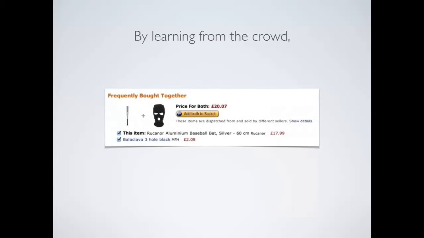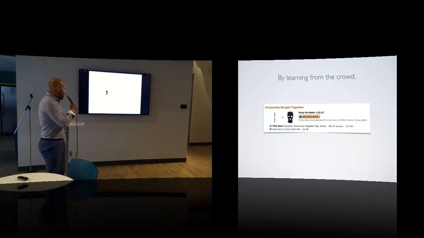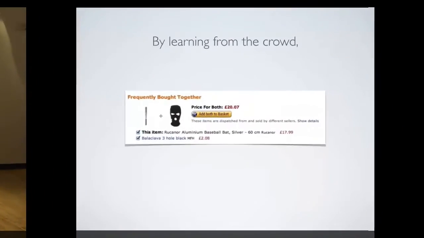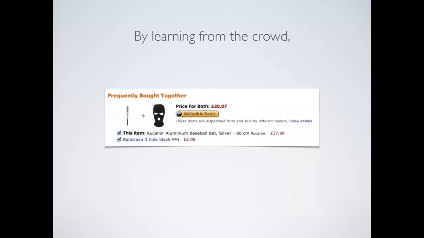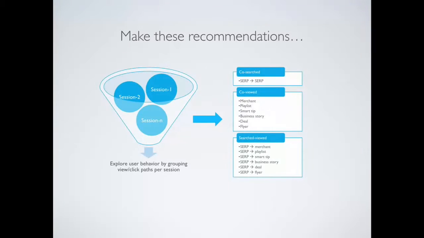I like this image here because you're all aware of Amazon. People who bought this also bought that. In this example, the recommendation is that people who bought a baseball bat also bought a burglar hat. And they go beyond that by offering a discount if you buy both. Basically, this works by grouping user sessions and trying to find a path that is shared in a lot of sessions.